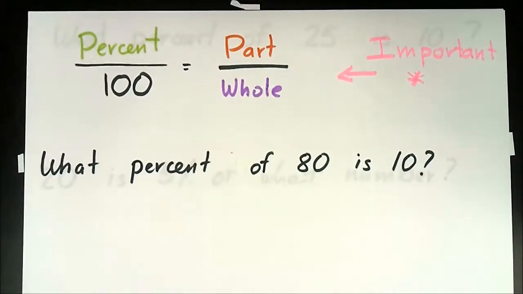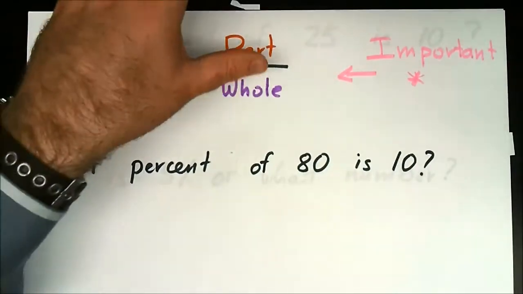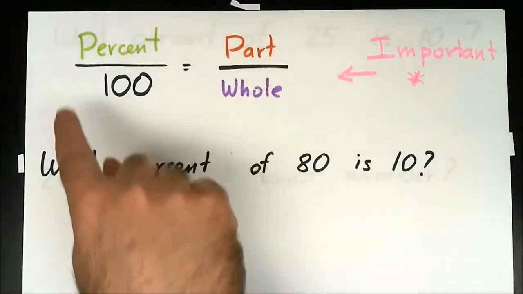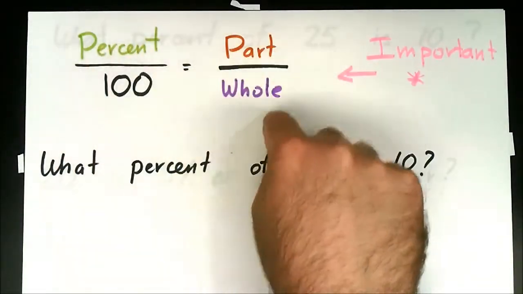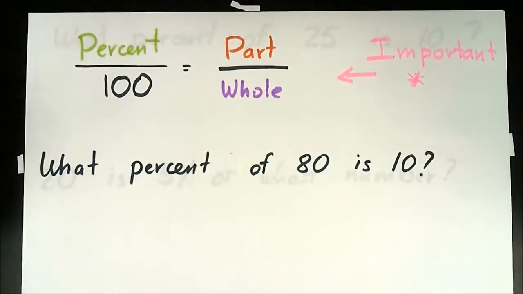Now you probably know what half corresponds to. It's 50%. So 50% of 100 is the same thing as half of a whole. And usually at least 2 of the colored parts are going to be given to you. You're already going to be given the percent, the part, the whole. So 2 of those, one's going to be missing. And you just plug in, and well, we're going to do that right now.